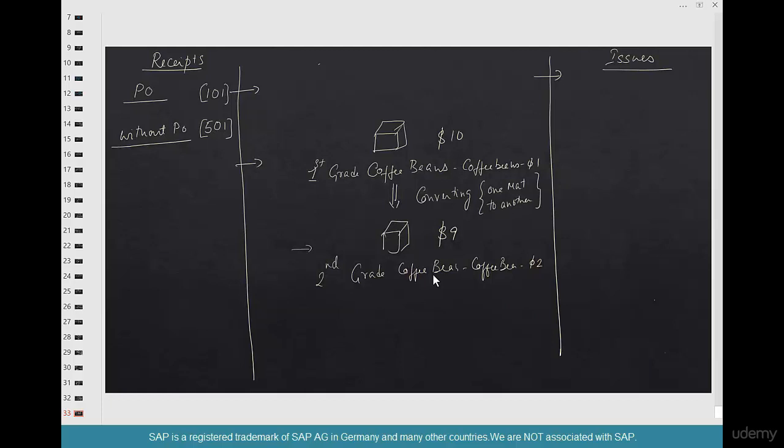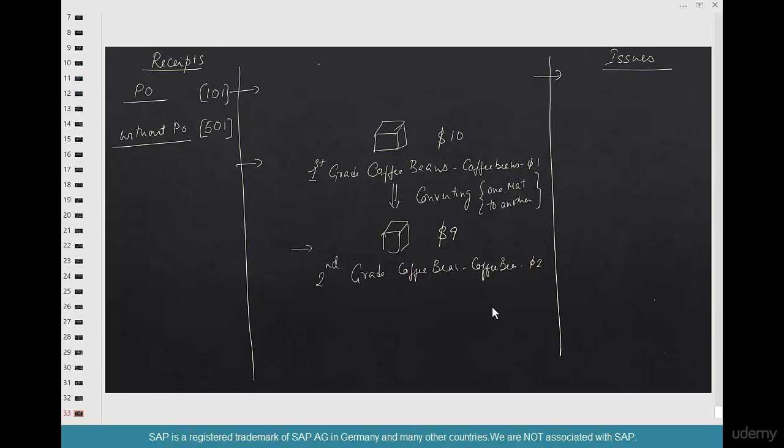We are saying 100 pounds of coffee beans of first grade material, coffee beans 01, being converted to another material, second grade coffee beans 02. That means if you are converting 100 pounds of coffee beans 01, they will be gone out of the inventory. It will vanish and it will be recreated as coffee beans 02.